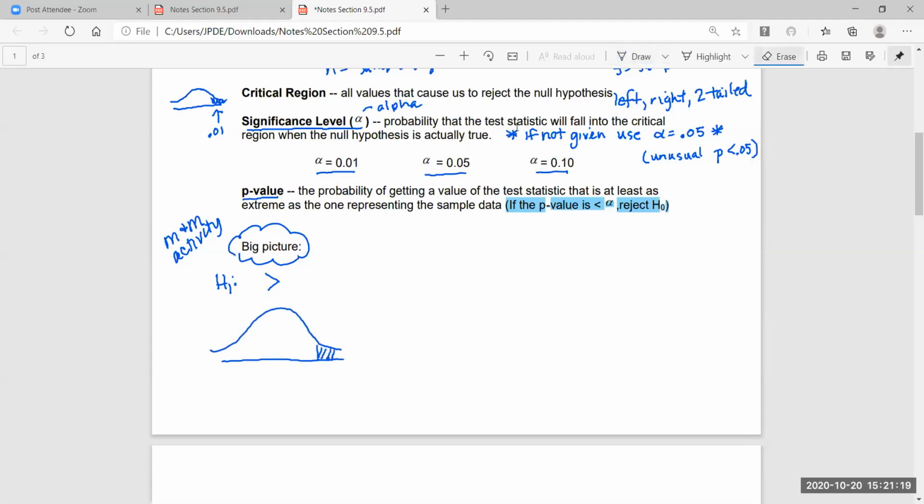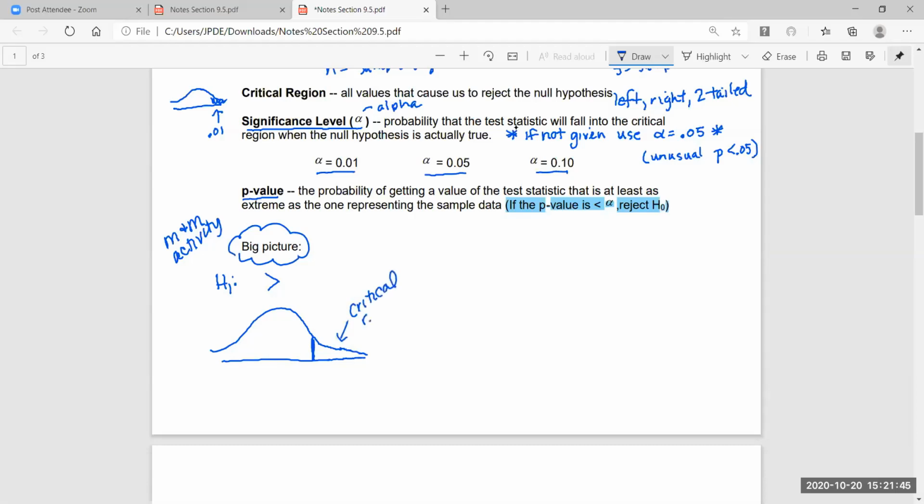And I actually want to use my highlighter in here. It only wants to highlight letters, apparently. Okay, so this would be my critical region.